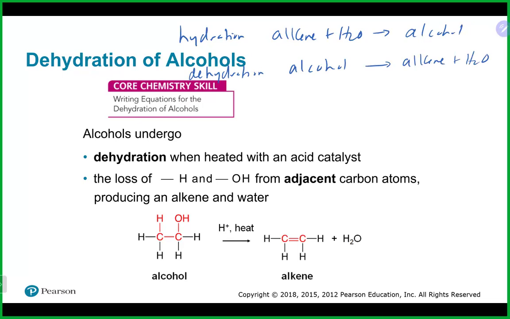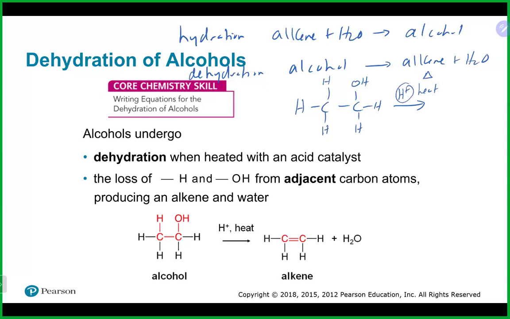So if we had an alcohol like we see below there, and we add maybe some acid and some heat. By the way, heat is sometimes also just abbreviated with a triangle.